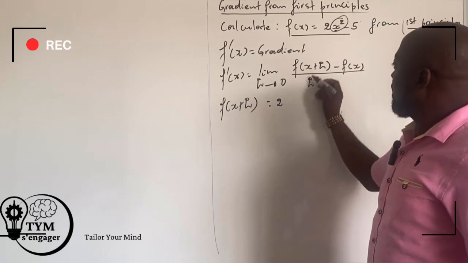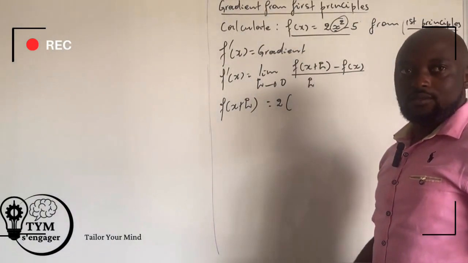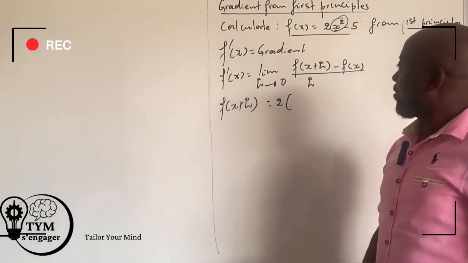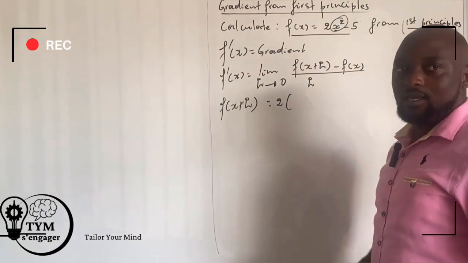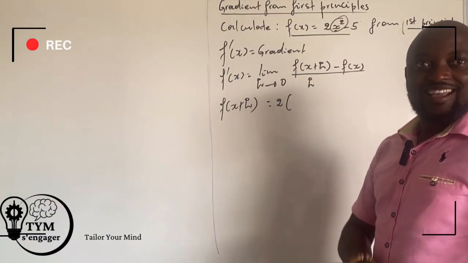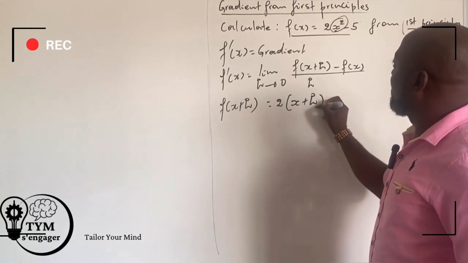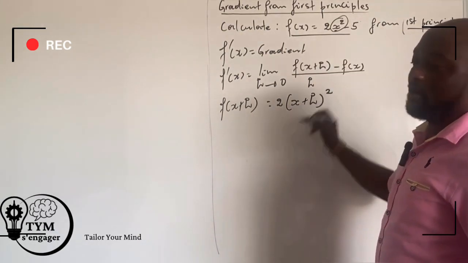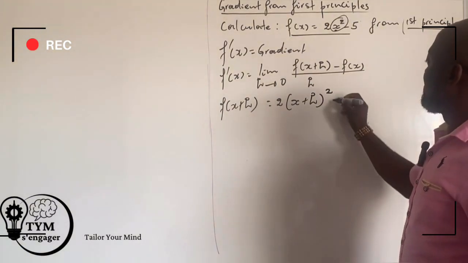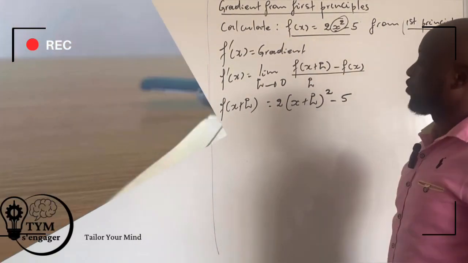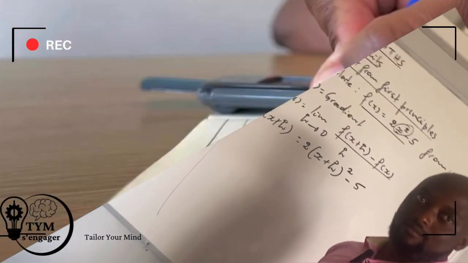Next to 2, there's x. Open your bracket. The rule tells you everywhere you see x, open your bracket and write x plus h. That value is squared, so square it. Minus 5 is also an outsider.